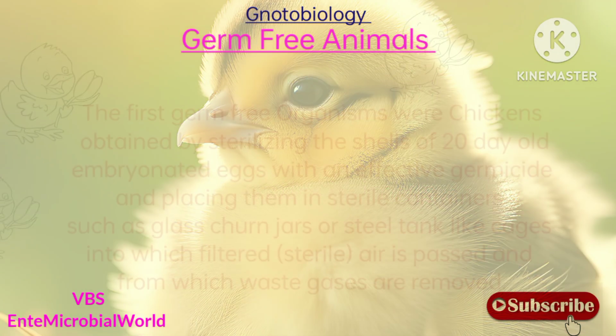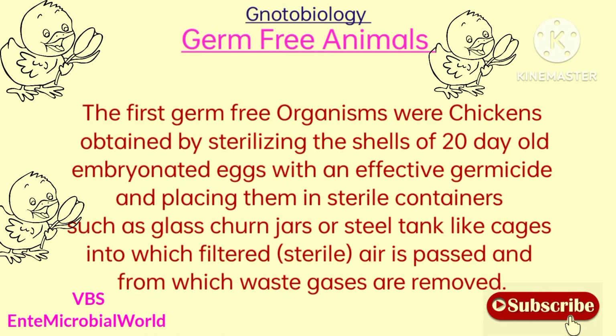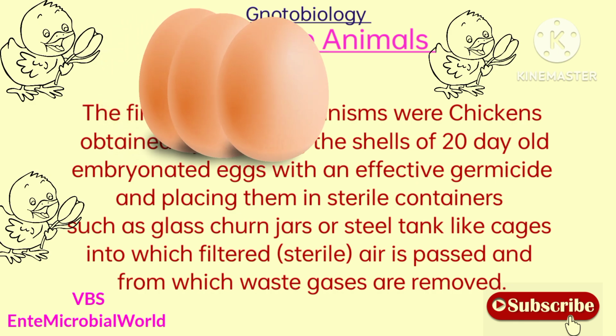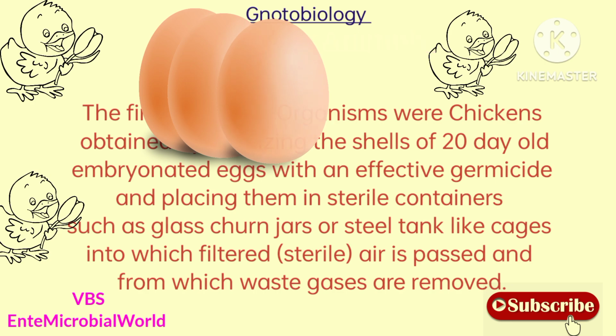The first germ-free organisms were chickens, obtained by sterilizing the shells of 20-day-old embryonated eggs with an effective germicide and placing them in sterile containers such as glass churn jars or steel tank-like cages into which filtered air is passed and from which waste gases are removed.